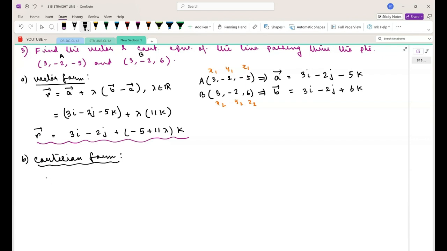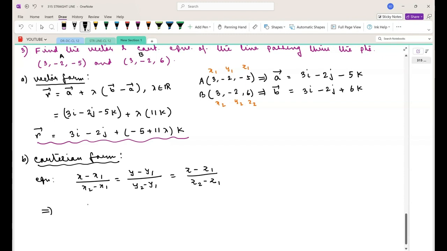So the equation will be (x minus x1) by (x2 minus x1) equal to... So now if you plug in the values, you will get x minus x1 is 3, and if you calculate x2 minus x1, then it is 0. y minus y1, that is y plus 2, again y2 minus y1 is 0, and z minus z1, that is z plus 5 by 11.